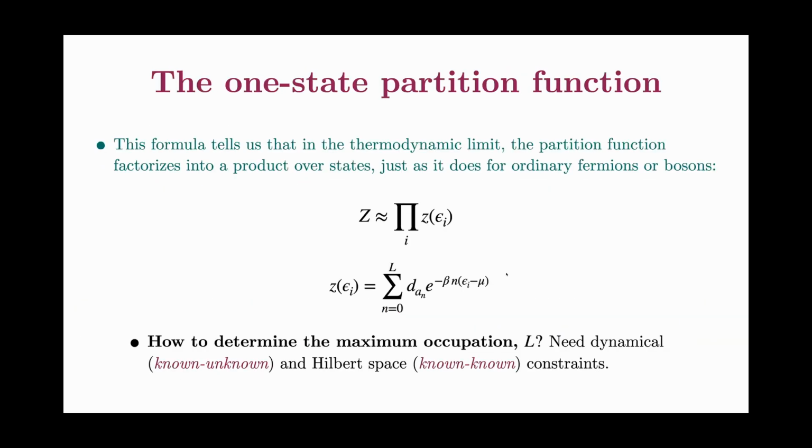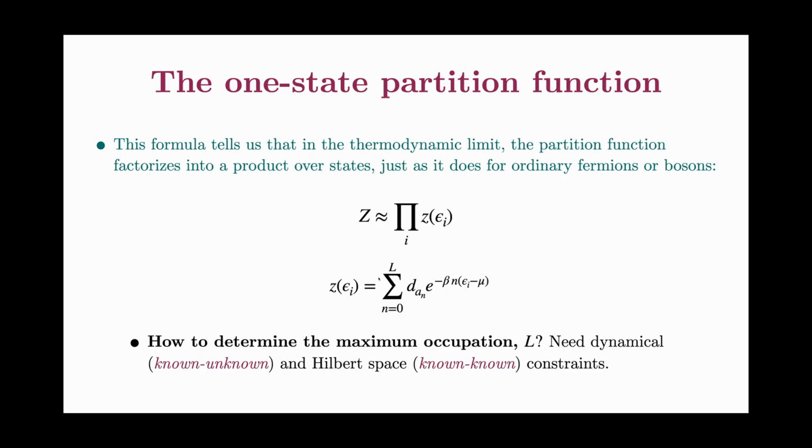All right, so I told you that now our partition function can factorize like in a traditional Bose or Fermi gas into partition functions for each state, but weighted now by these quantum dimensions. But now there's an additional issue. I haven't actually put in any constraints as far as how I'm summing over occupations that are connected to the microscopic particles in my system.